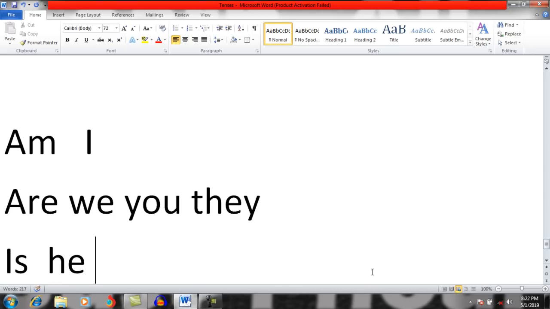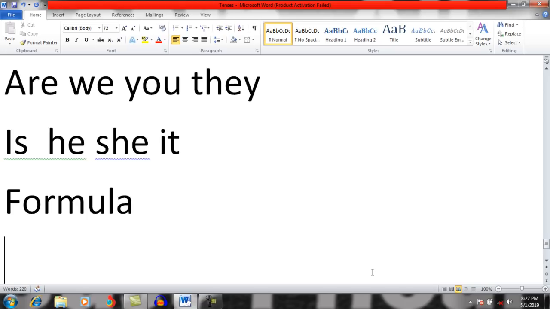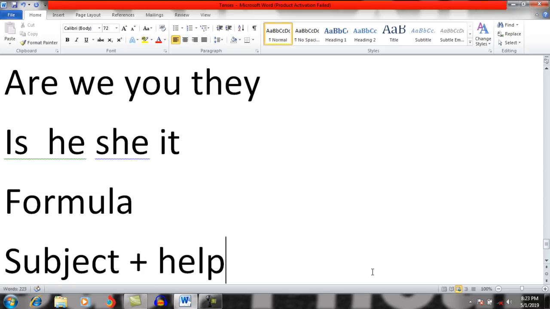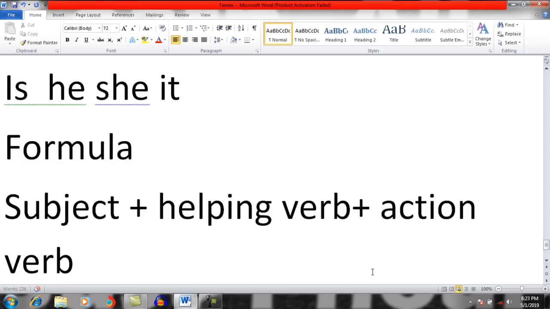Is we use with third person pronouns he, she, it, and singular nouns. The formula is a bit easier compared to the previous one, because we have three helping words: subject plus helping verb, then we can simply put here the action verb, plus we have to put here ing.